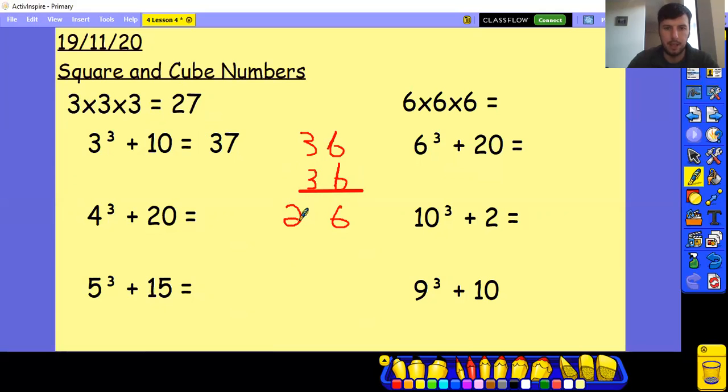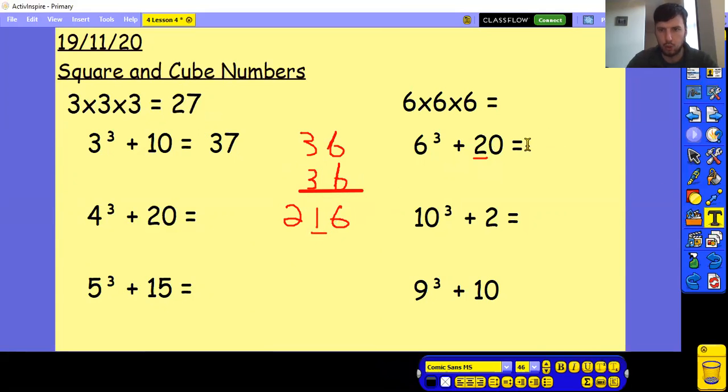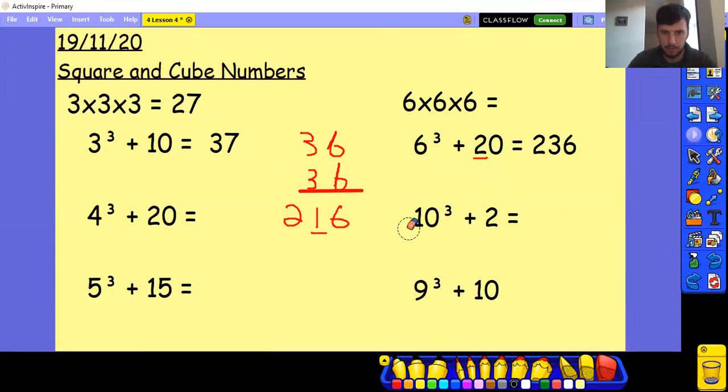Add the 3, which equals 216. 216 add 20 equals 236. And if you're not quite sure, you can use a common method for addition for that last step.